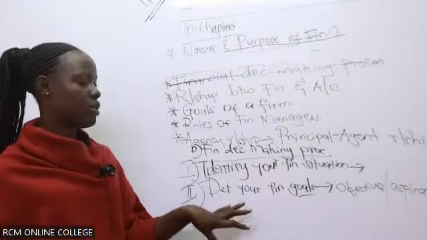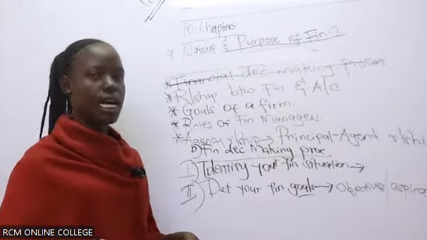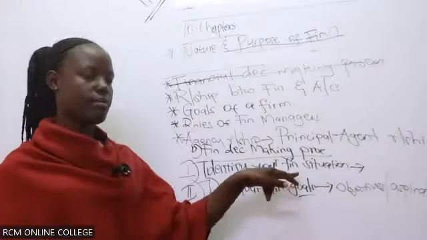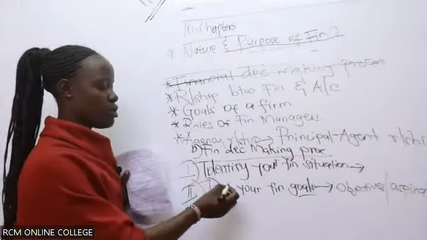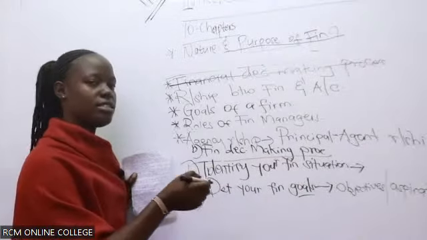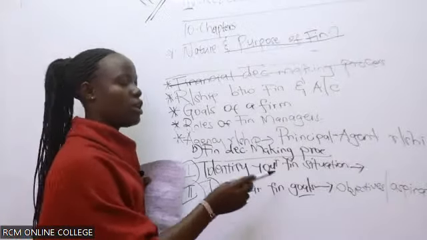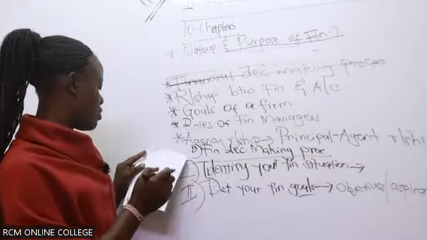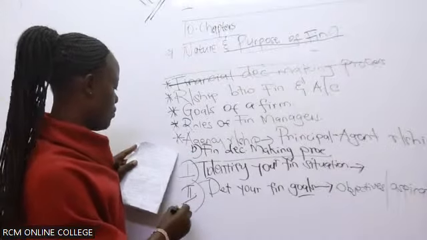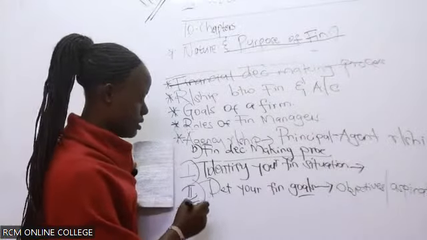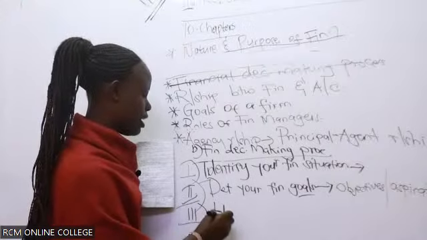So you determine what you have to achieve at the end of a specific time frame, what you are supposed to have achieved maybe in 1 or 2 years' time. That is your financial goal.